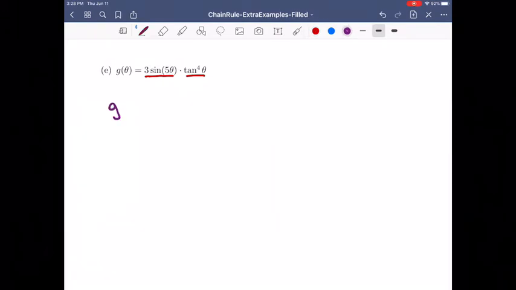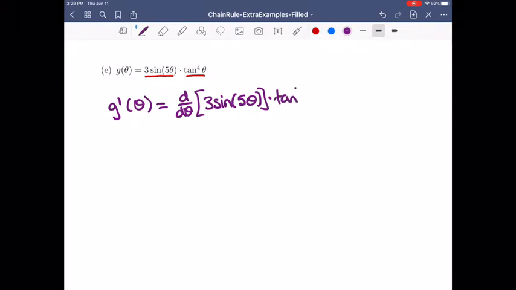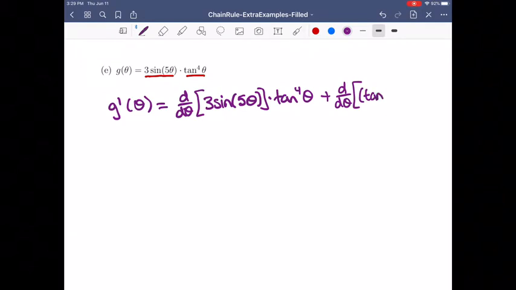So g prime of theta is going to be the derivative with respect to theta of 3 sine of 5 theta times tan to the 4 theta, plus the derivative with respect to theta. Now I'm just going to write this a bit differently. So tan 4 theta is actually (tan theta) to the power 4 times 3 sine of 5 theta.